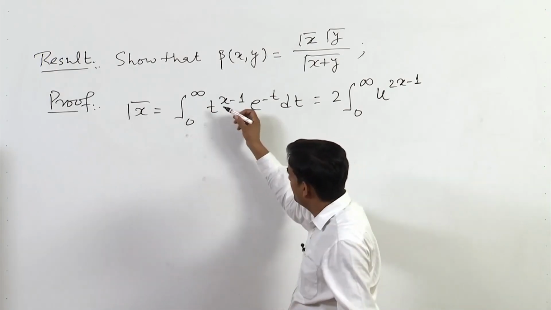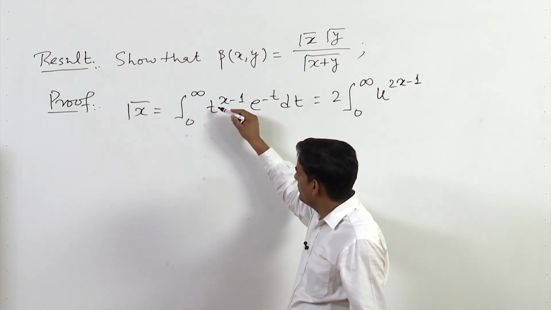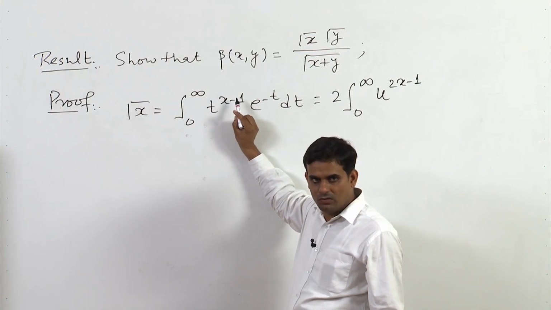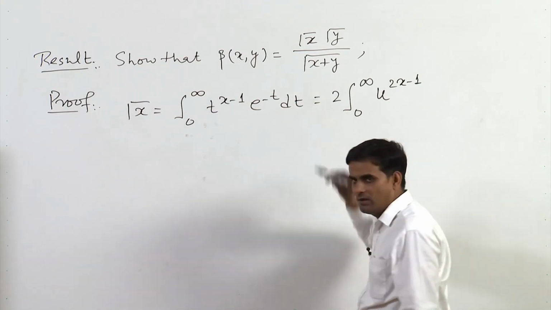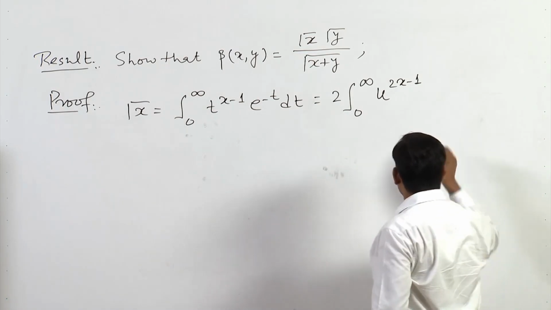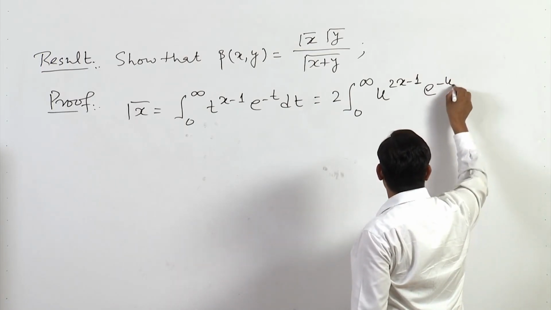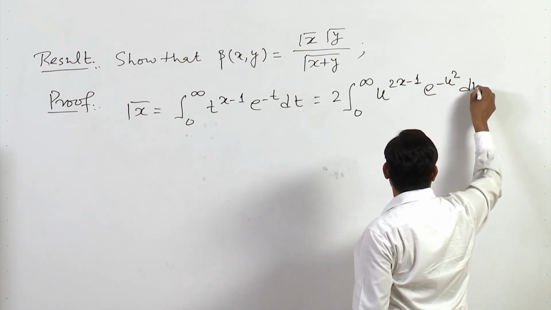So u square raised to power x minus 1 means u raised to power 2x minus 2, and one u will come from dt. So, 2x minus 1, e raised to power minus u square du.